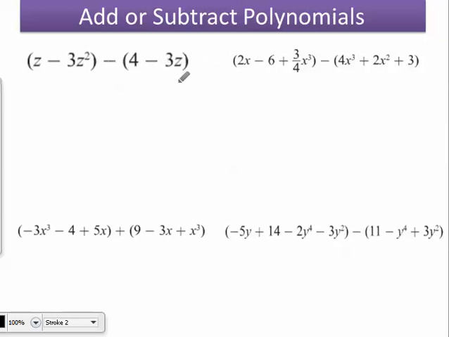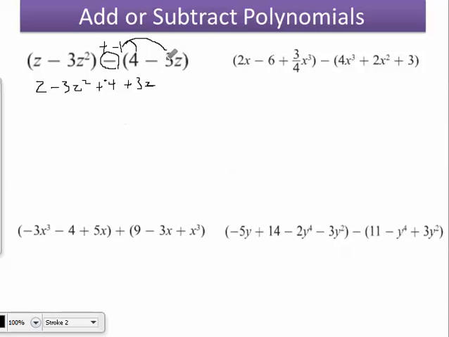How do I add and subtract polynomials? The biggest thing to remember here is if I'm subtracting them, this is like adding a negative 1, and that negative 1 then has to be distributed to each of these terms. So this becomes z minus 3z squared plus 4 plus negative 4 plus 3z.